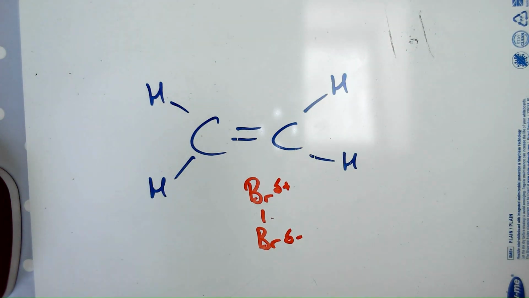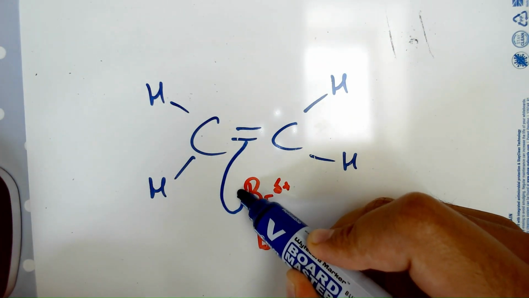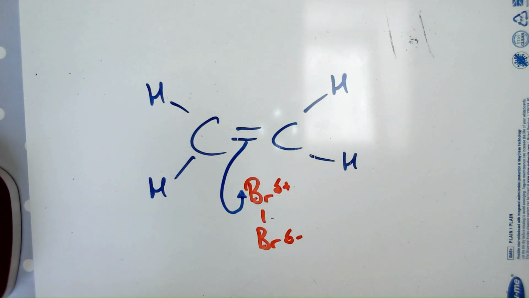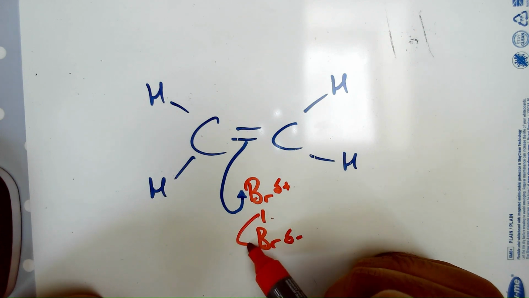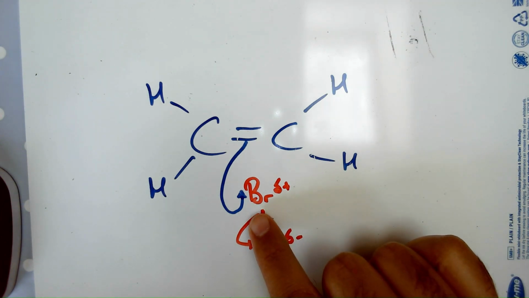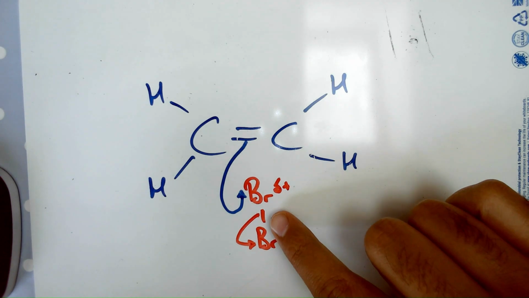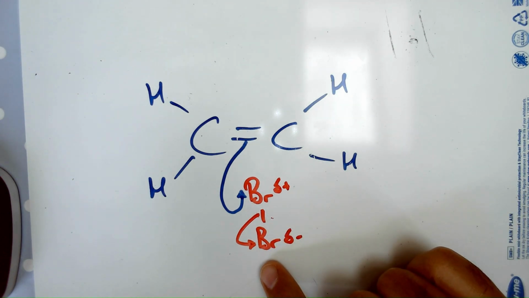Now that delta plus and that delta minus allow this double bond to come over here and form a bond with that Br, which then forces these electrons over here. Over here we've got an arrow going next to this bromine because it's forming a bond with it, and over here from the middle of this bond to that second bromine.